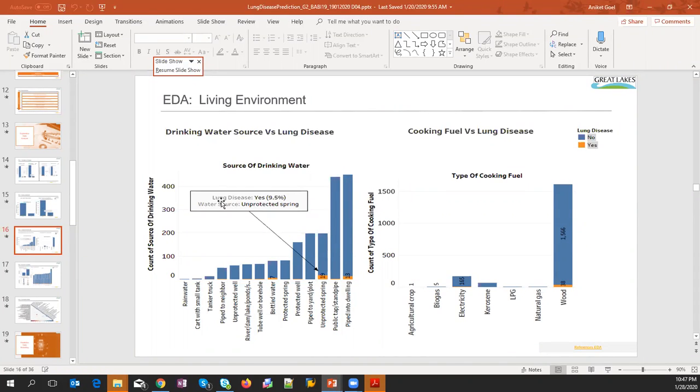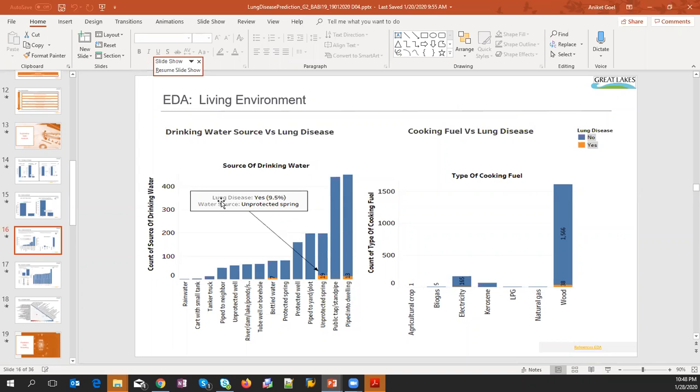So out of 1,000 you will only see 2 or 3 or 5 cases where a fraud has happened. And the same is happening for lung disease. Out of 2,000 people, only 40 have got the lung disease. Therefore, because only 2% have got the lung disease, 9.5% of people drinking the unprotected water means this is a significant variable which can help us find a cause for having a lung disease.